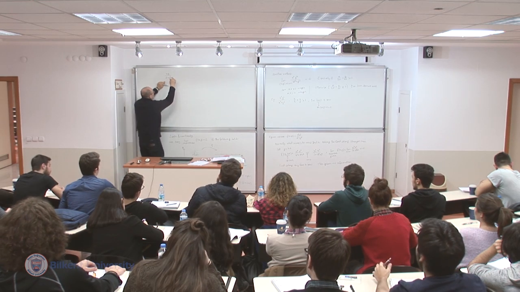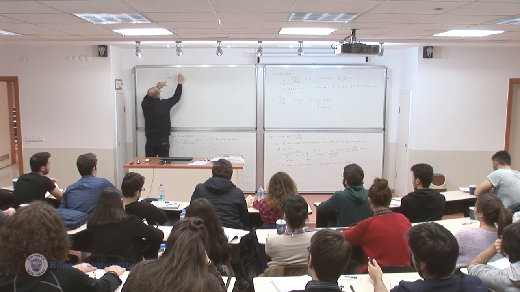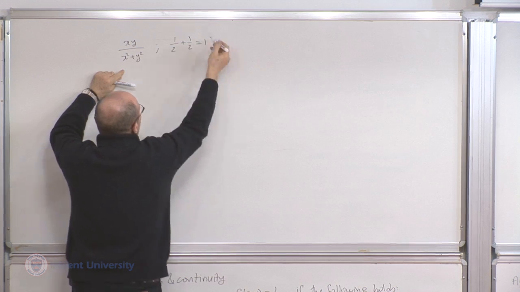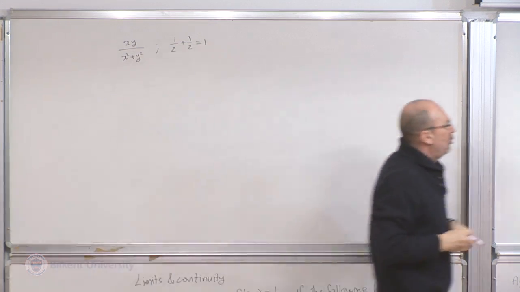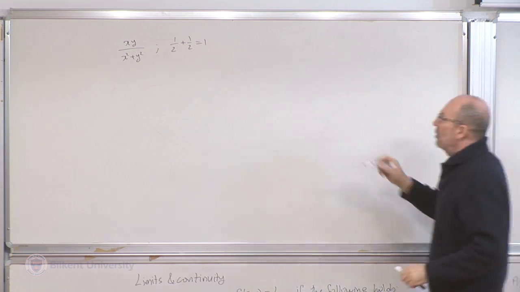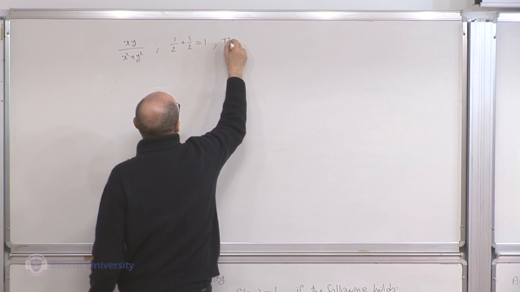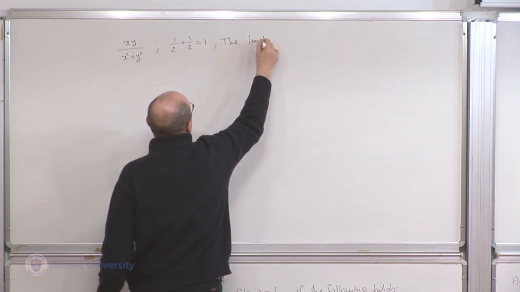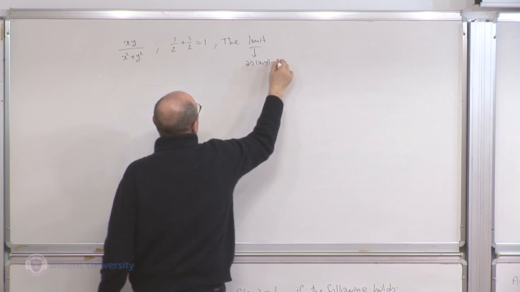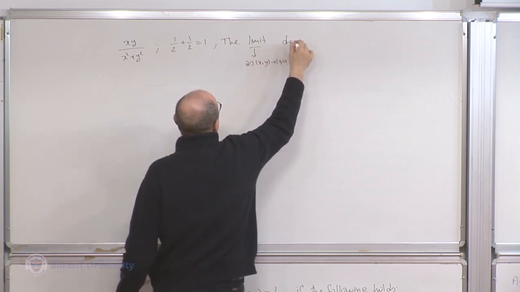We can also do this here. So this is 1 over 2 plus 1 over 2, which is equal to 1. Either you say it is not larger than 1, or it is this case. The limit as (x,y) goes to (0,0) does not exist.